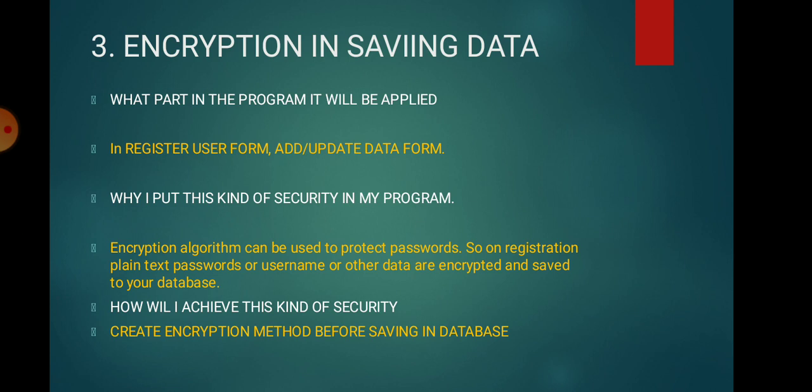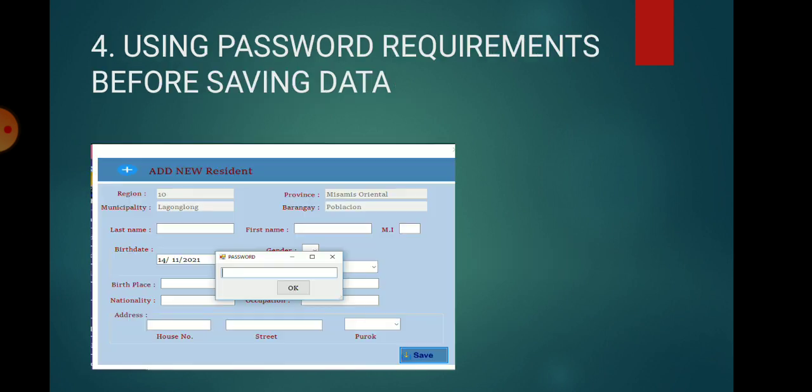How will I achieve this kind of security? Of course, by creating an encryption method before saving to the database to make the data unreadable. So that is the encryption of data.